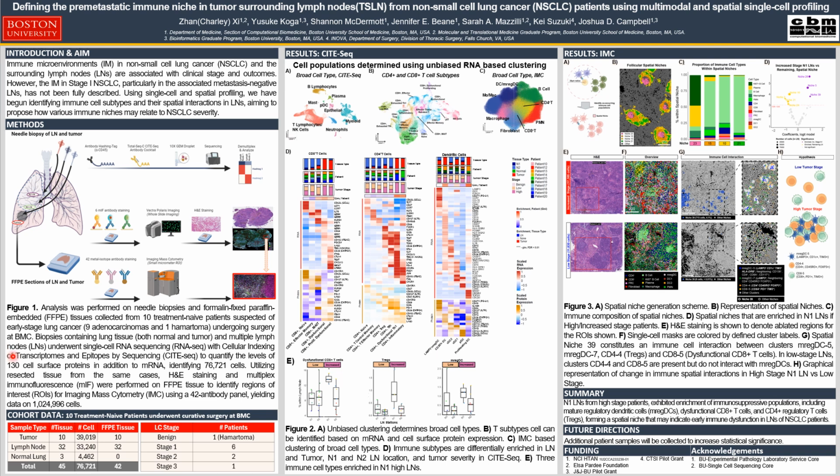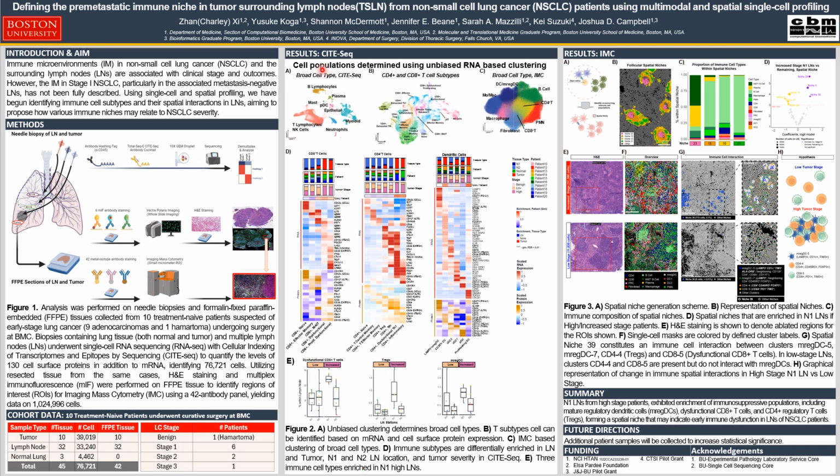In total, we obtained 76,000 cells, and utilizing the resected tissue from the same case, we did H&E staining and multiplex immunofluorescence first at these regions so that we can select the ROIs for imaging mass cytometry using our 42 antibody panel that we've developed in lab.